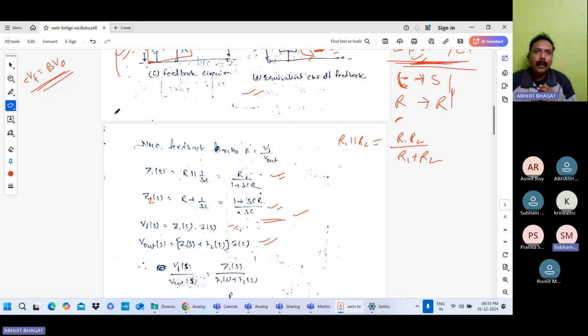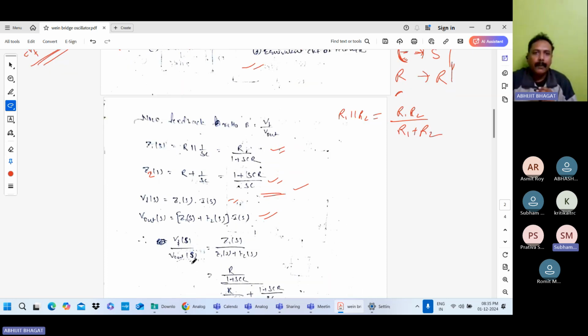Same, we know beta equal to VF by V out. So here we find VFS by V out in S domain. So this equation and this equation, VFS by V out, we divide these two, IS and IS cancel out. So you are getting Z1S divided by Z1S plus Z2S.